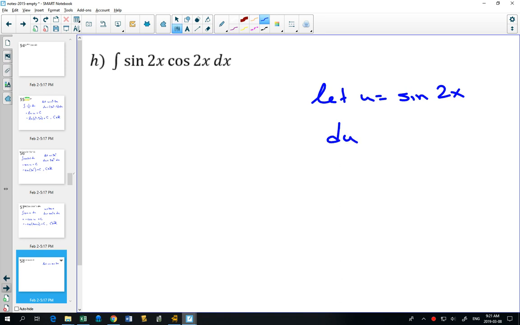Now, this one, actually, H and I, the first time something interesting happens. What's the derivative of sine 2x? It's cos 2x, but there would be a chain rule, right? Times 2.